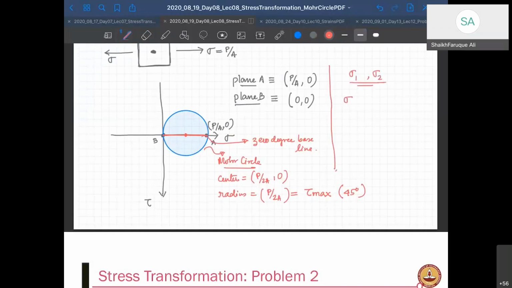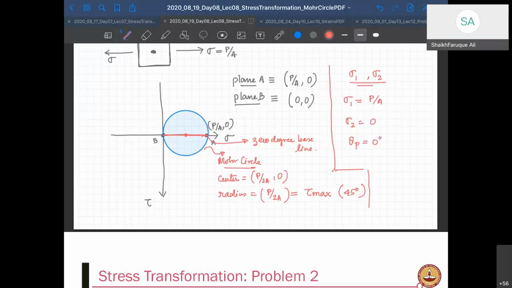Sigma 1 is equal to P by A and sigma 2 is equal to 0. Sigma max is the maximum principal value and that is the minimum principal value. And what angle does it make? Theta P, 0 degree. So the maximum stress is acting at 0 degree itself. Therefore, it's going to fail along that plane. Okay, clear?